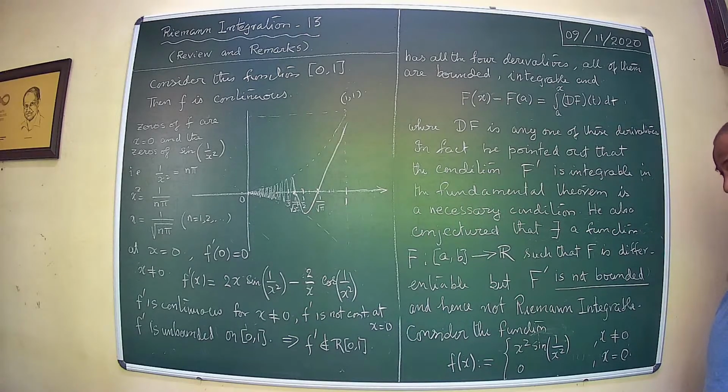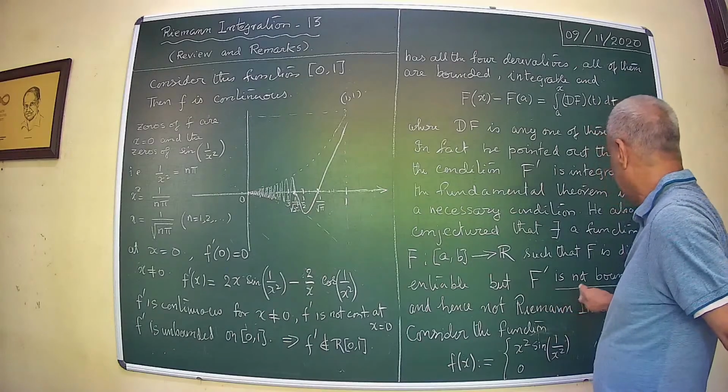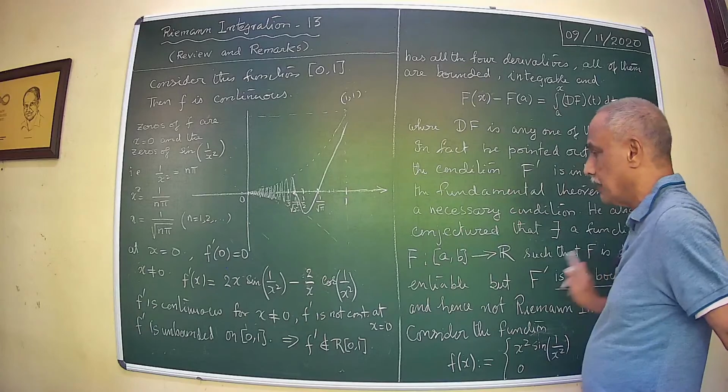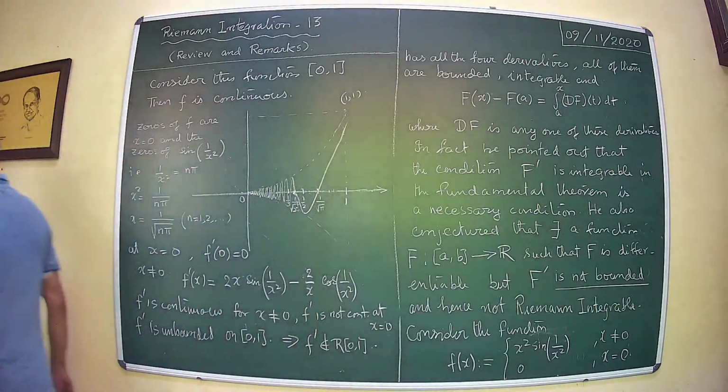And this is what Dini had been predicting. There is a function capital F which is differentiable everywhere, but f derivative is not bounded and hence not Riemann integrable. Okay, right?